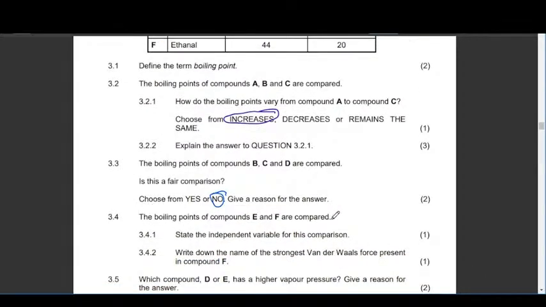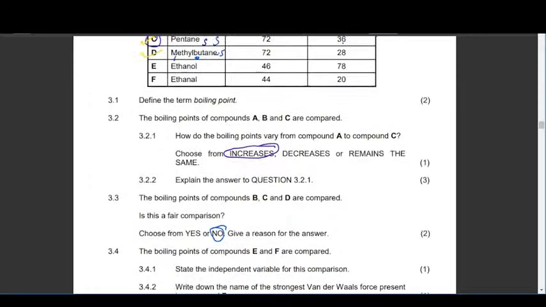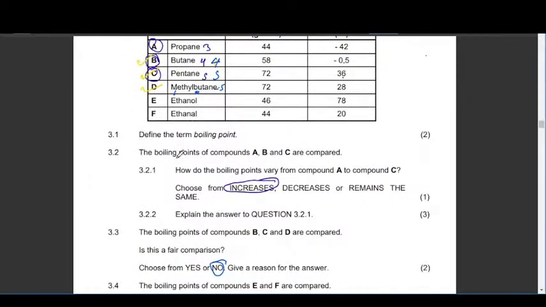Boiling point of E and F are compared. State the independent variable. Let's go back and see E and F. In this case, E and F have the same number of carbon atoms, but the functional group is different. This is alcohol, and this is ethanal, which is aldehyde.